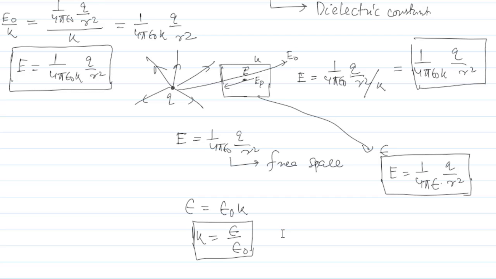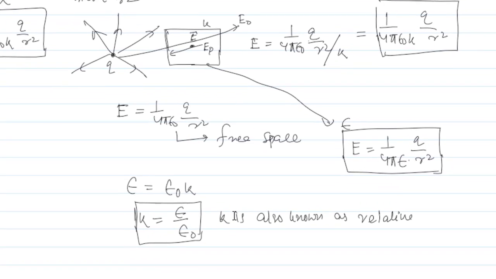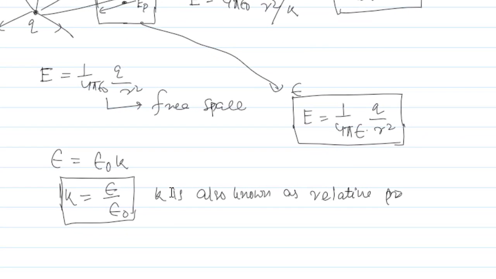That's why k is also known as the relative permittivity of a medium. That means it is telling the fraction of the permittivity of that medium with respect to air.